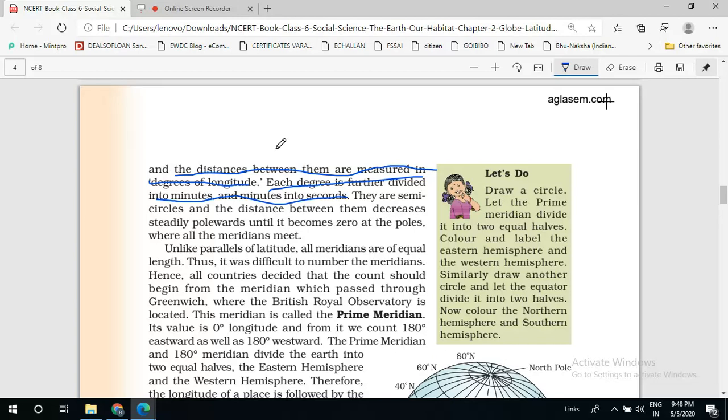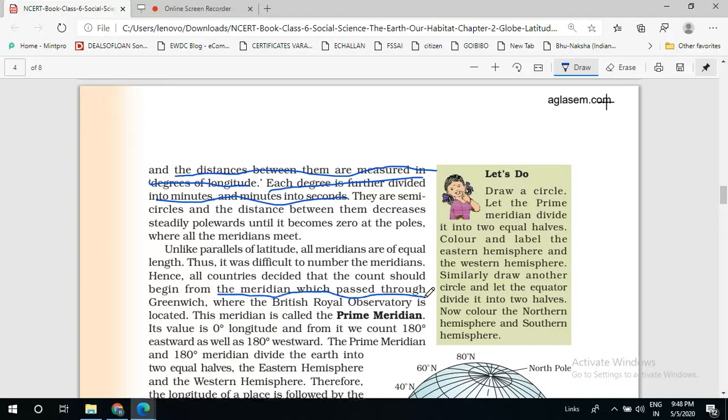So you underline this, that the meridian which passed through Greenwich. Greenwich is a place in Britain, and at this place, British Royal Observatory is located. So the meridian which passes through the Greenwich is called prime meridian. And what is the value of this prime meridian?